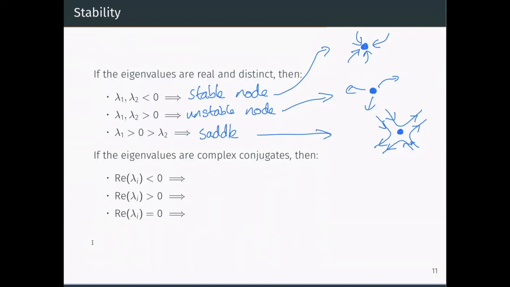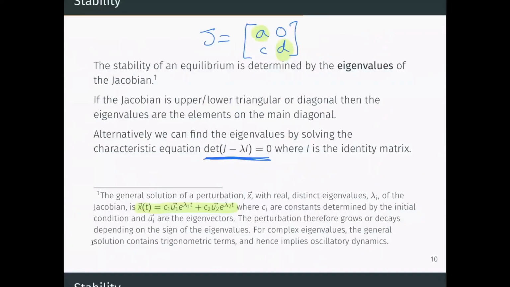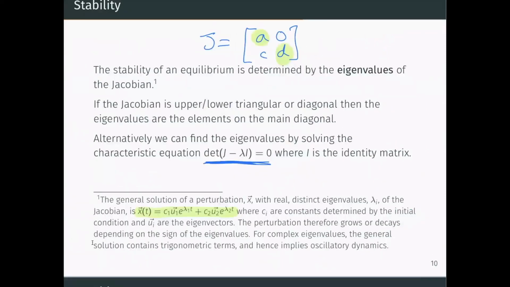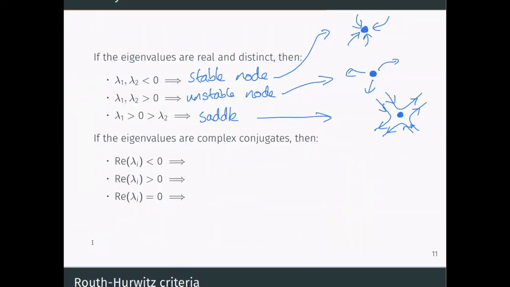So let's think about what happens if our eigenvalues are complex conjugates. Remember that if the eigenvalues of this Jacobian matrix are complex, they'll appear as complex conjugates. So for example, we could have lambda_i equal to alpha plus or minus beta i.